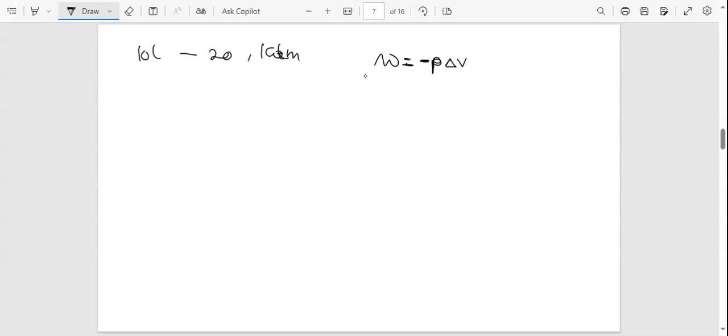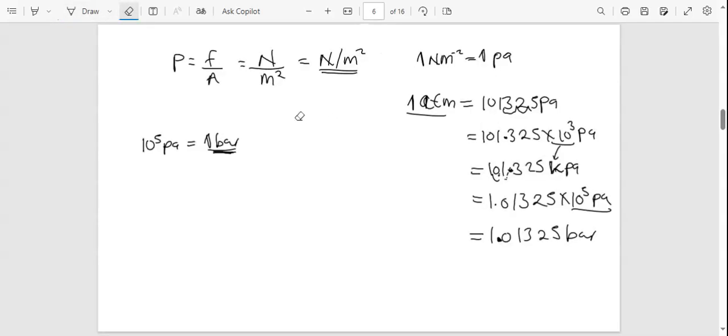Okay. So now we have the pressure as 1 atm, right? By the way, let me take you back and show you something here. You need to know these pressure conversions, and take note of this when I say 1 atm.